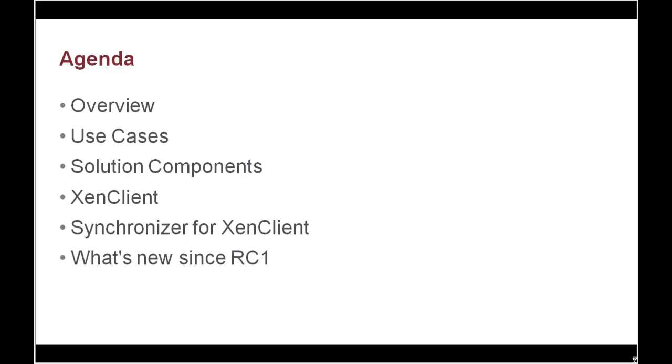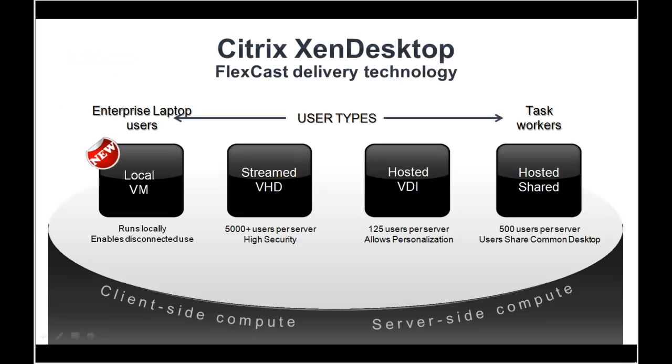So what we've done, you'll see with the announcement, is we've included the XenClient technology under the Citrix XenDesktop umbrella. For a while now, we've had with XenDesktop the ability to deliver different types of desktops to different types of users. At Citrix, we have this fundamental belief that there's not one size fits all when it comes to virtual desktops.